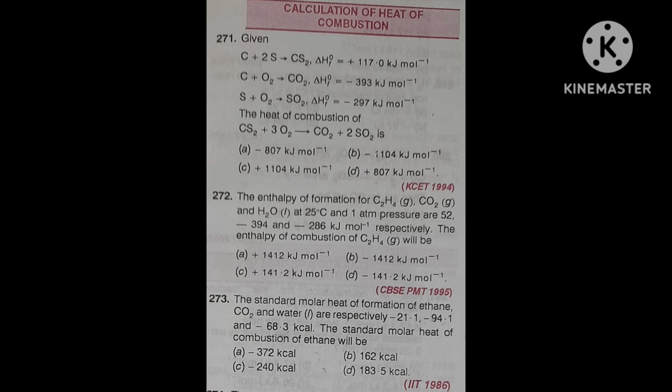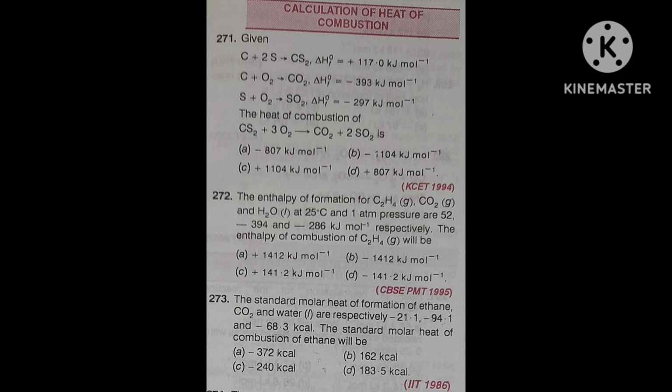Now delta H you can easily calculate. The equation is already balanced, so it is product minus reactant. Product means 2 into the given standard delta HF of CO2, plus 2 into the given standard delta HF of H2O.